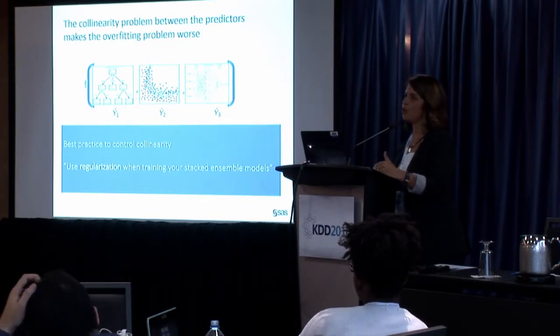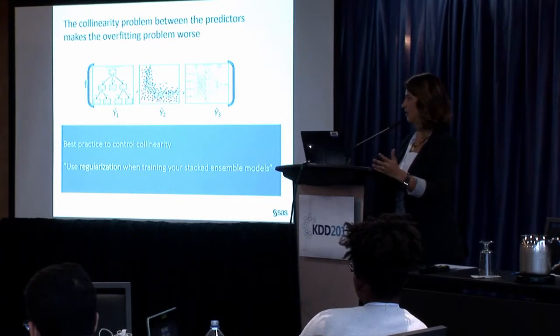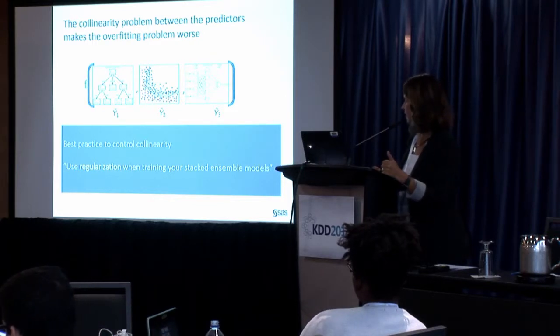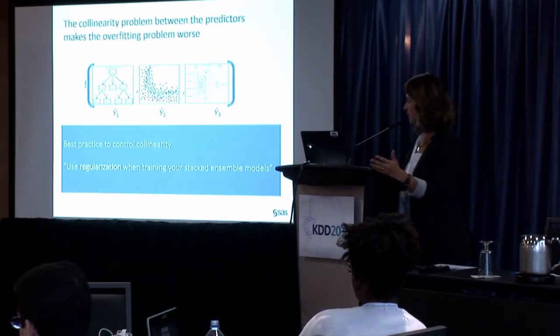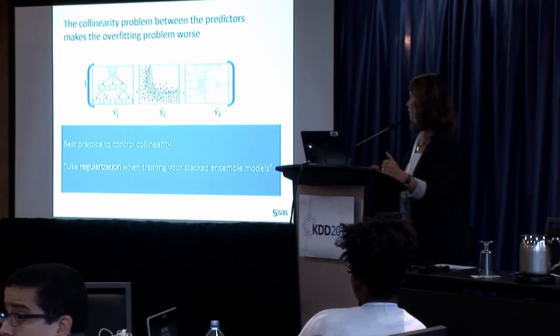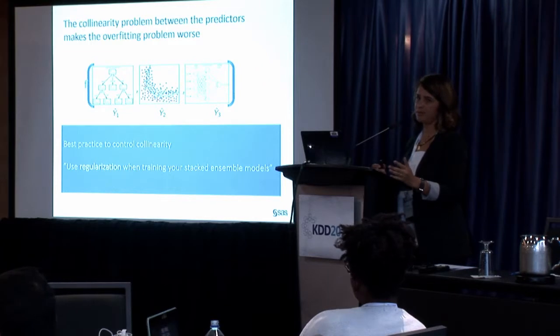So they will all be highly correlated to each other. And this makes the overfitting problem even worse in model stacking. A good practice, arguably, is to use regularization when you're training your stack ensemble model.